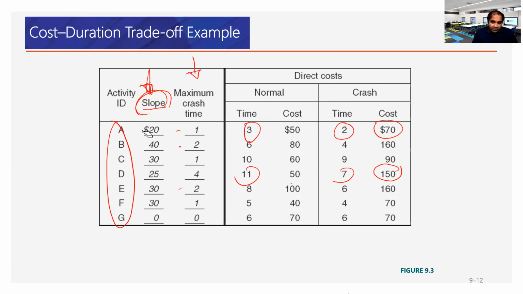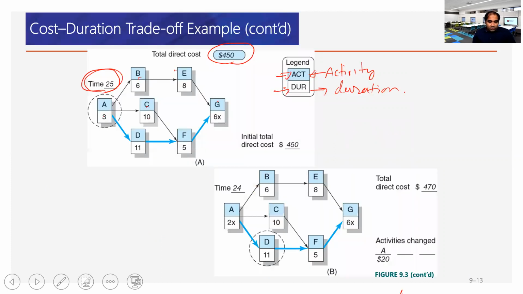Okay, so A can be crashed by 1 day with an additional $20. So if we crash activity A by 1 day, we now have the duration of A 2x. So x is 8. This is the lowest possible duration, so we cannot crash anymore.